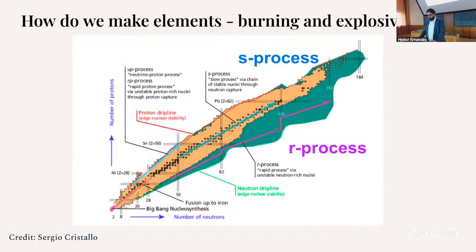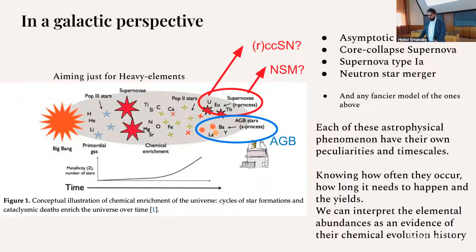However, you may ask yourself, okay, now I know how to produce those in terms of physics, but which stars and which phenomena can produce those? For example, the asymptotic giant branch stars, these giants, produce more s-process elements because they're big, they have winds, and they can produce those.